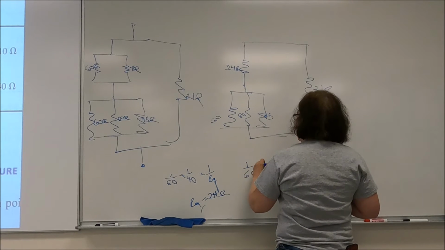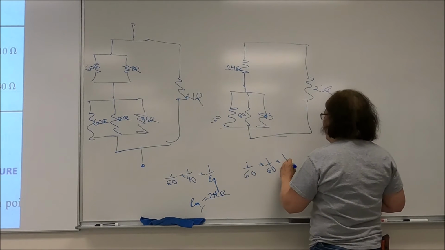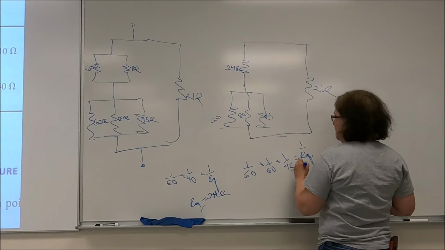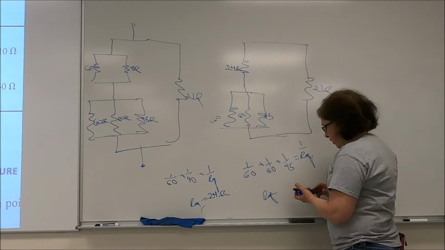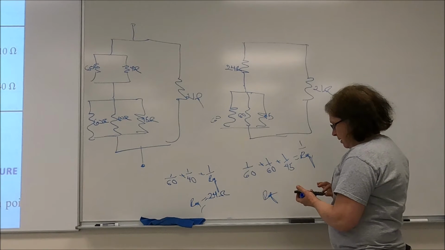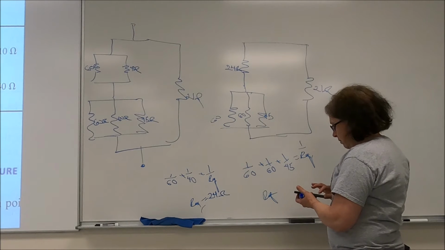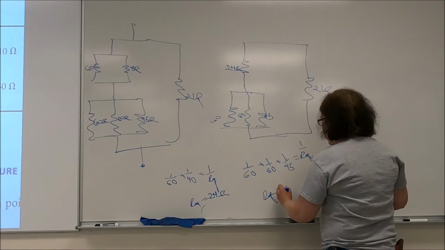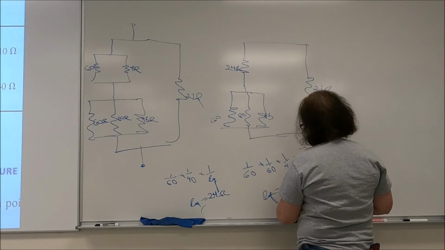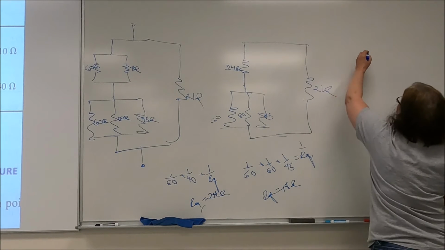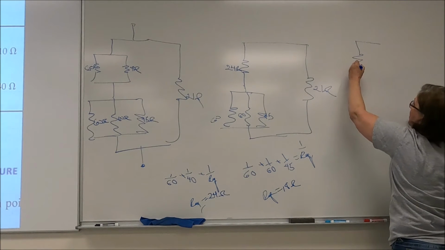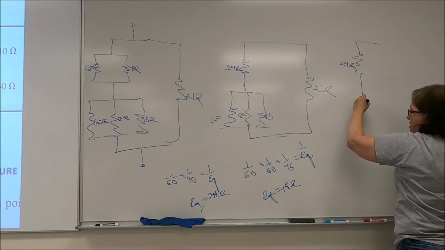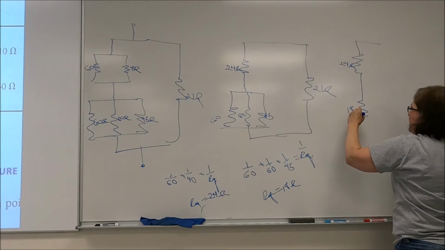So 1 over 60 plus 1 over 60 plus 1 over 45 is equal to 1 over R equivalent. Solving for R equivalent, I get R equivalent to be 18 ohms. So I can simplify this down now into a 24 ohm in series with an 18 ohm.